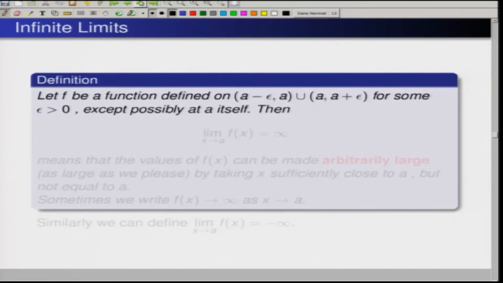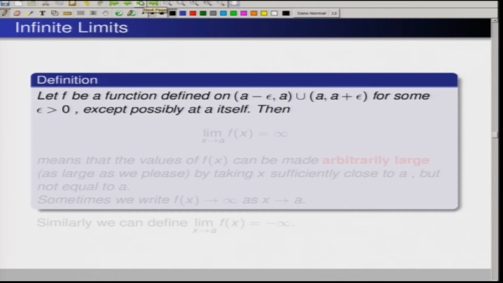That may not be true, because f of a can be defined in a different way. So, till this point we have considered a to be a real number, and the limit L of f of x as x goes to a to be a real number.